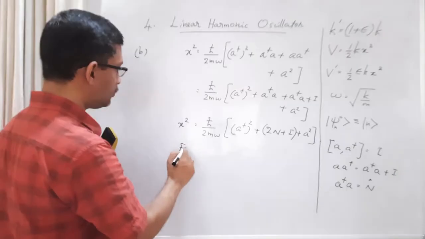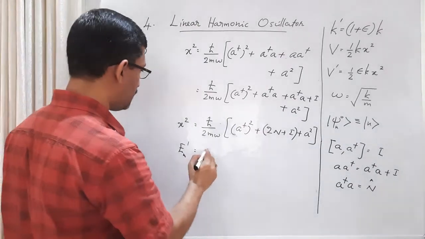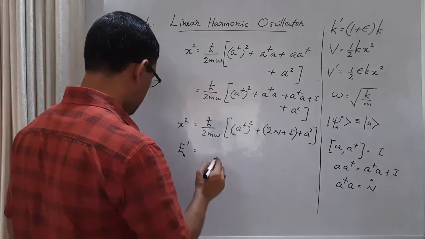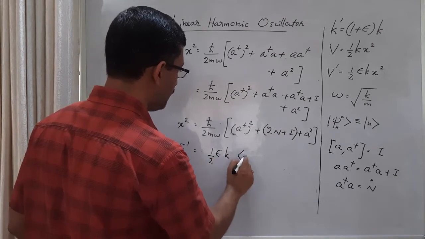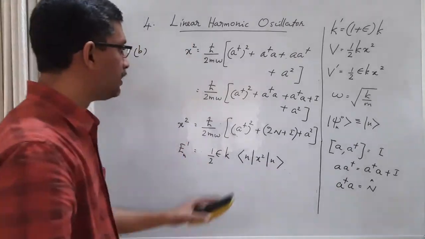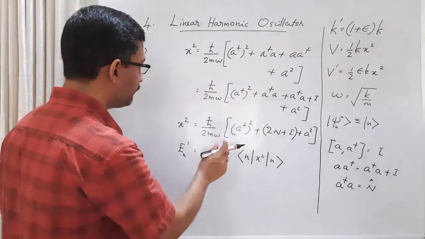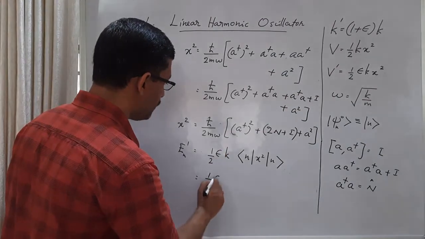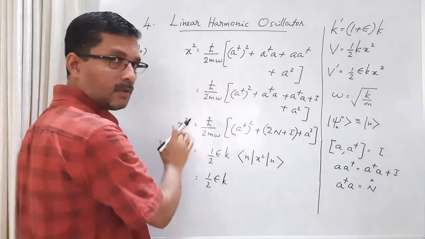So let us come back to the first order correction in energy. Okay, the expression for first order correction in energy was half epsilon k, bra n x square ket n. Let us substitute the expression for this one, x square. Therefore, what you get is half epsilon k. And if you substitute this, I can take the square terms outside.